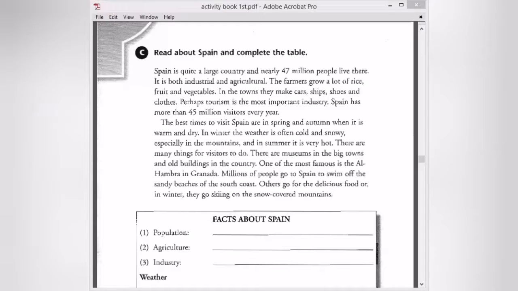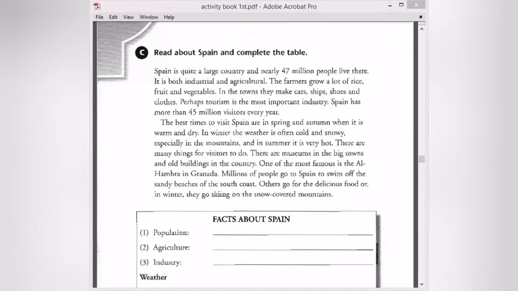Spain has more than 45 million visitors every year. The best times to visit Spain are in spring and autumn when it is warm and dry. In winter, the weather is often cold and snowy, especially in the mountains, and in summer it is very hot. There are many things for visitors to do.